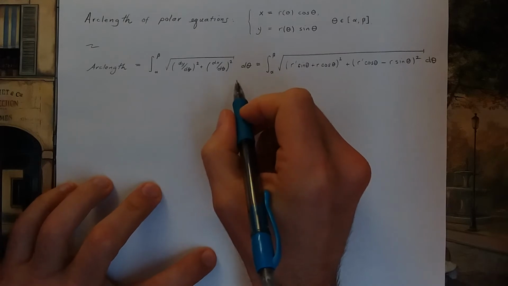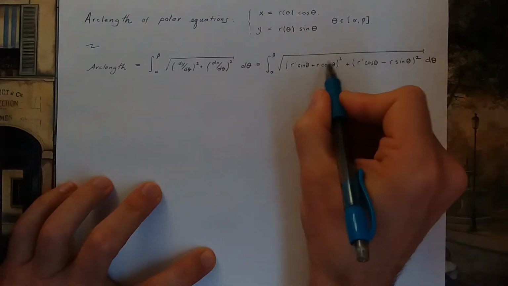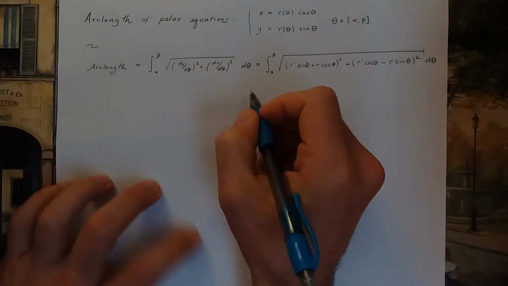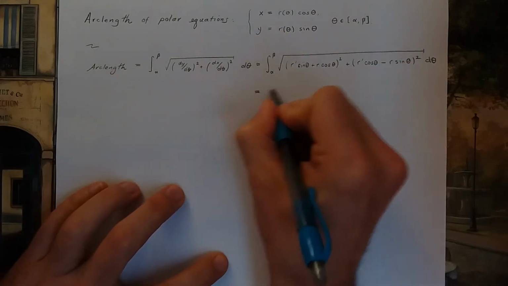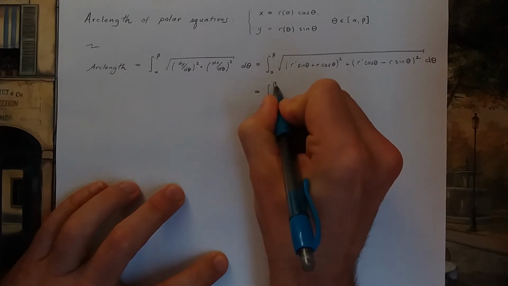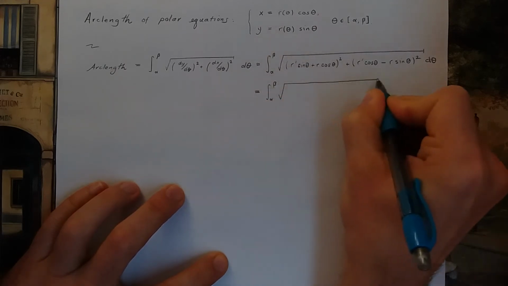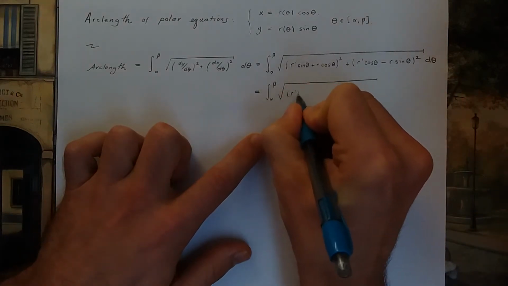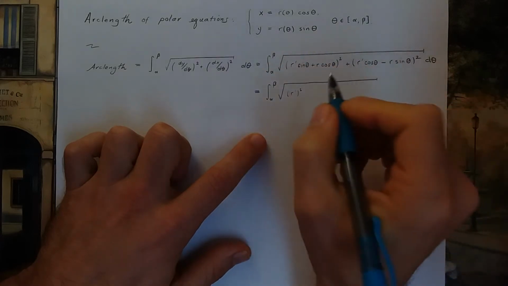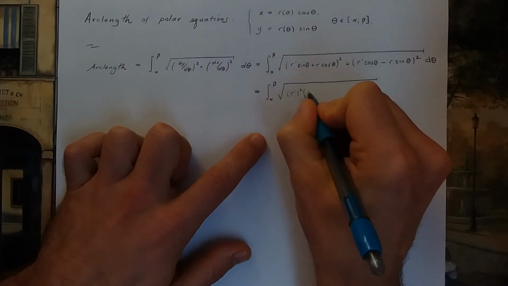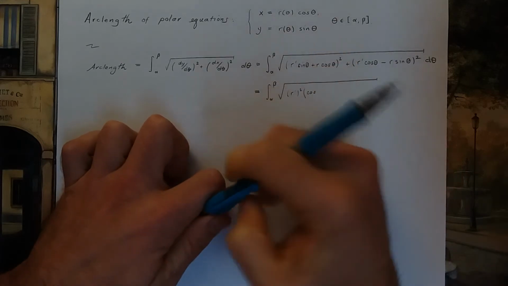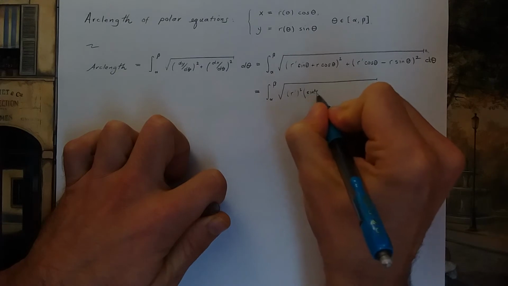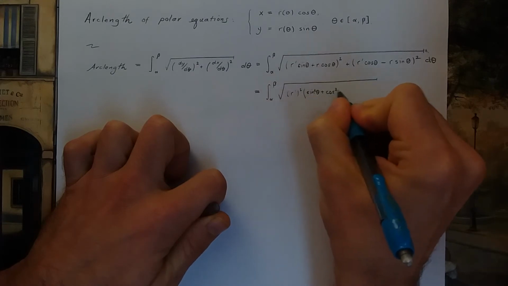So then you can expand everything out. You could do the algebra, you FOIL these two terms, you combine. I think what happens when you do the simplification is you get the integral from alpha to beta, the square root, and then you're going to get the derivative r prime squared times sine squared theta plus cosine squared theta.